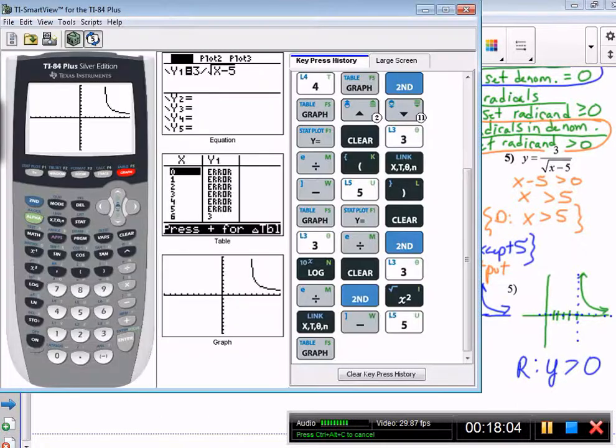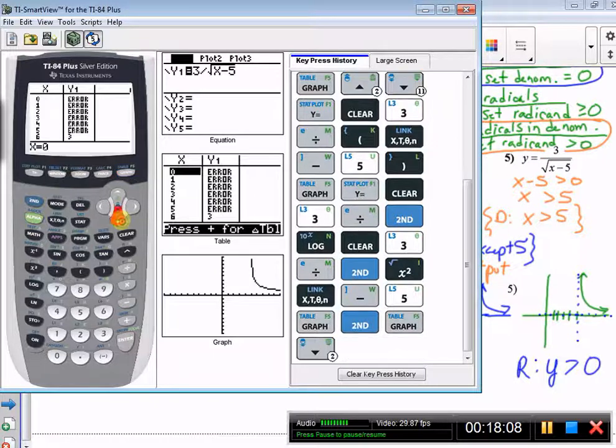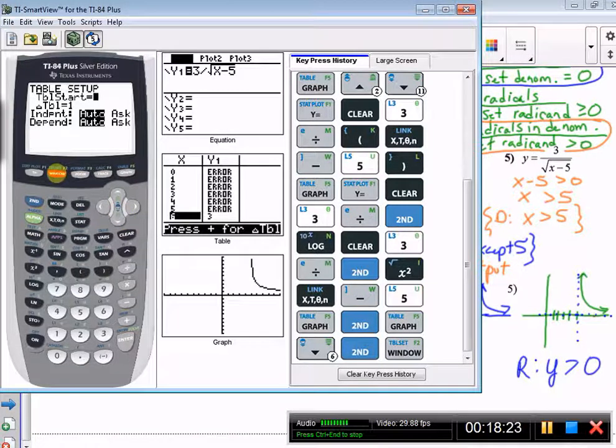And again, if you go back to the table, you can see that at 6 you get 3. At 5.1 you would also get a number. And we can check on that. So we can go to second, right there, and have the table.